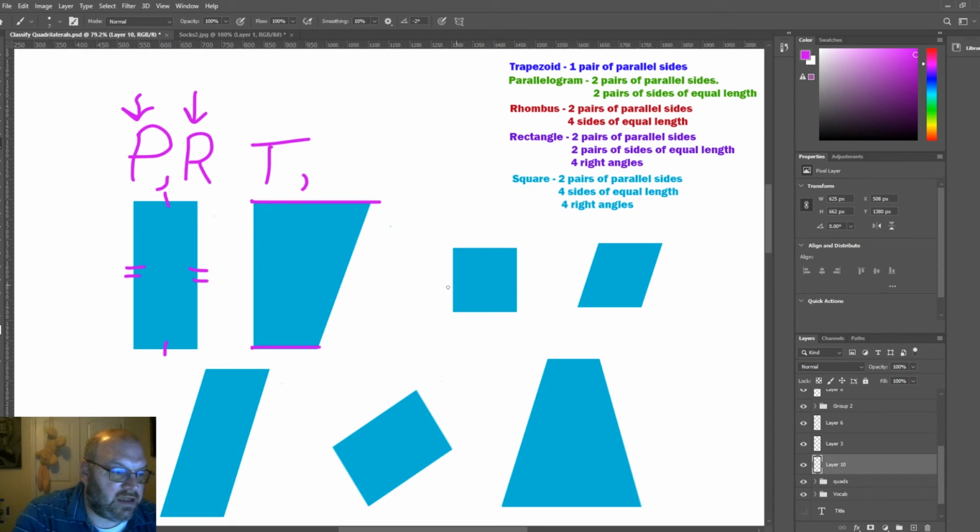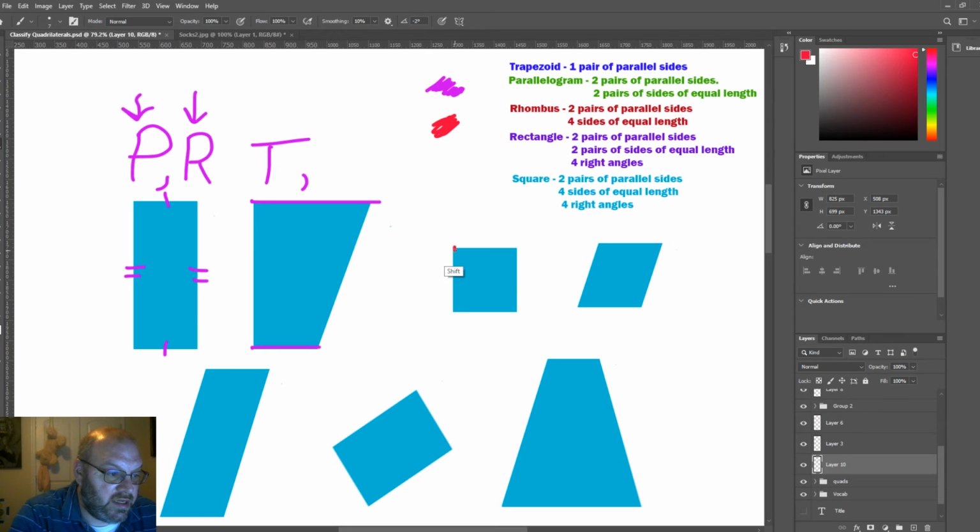Okay? So let's look right here. You can probably tell what this is just by looking at it. We know it looks like a square, but let's go through the definitions for fun. Trapezoid, one pair of parallel sides? Well, it's got more than one pair of parallel sides. Parallelogram, two pairs of parallel sides? It does. Let me get colors up here, and we'll do a red.